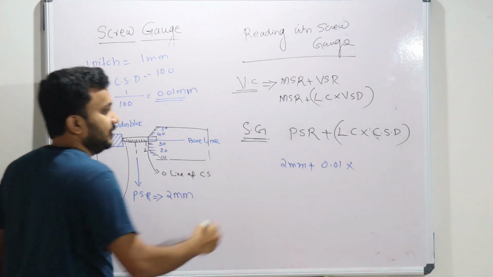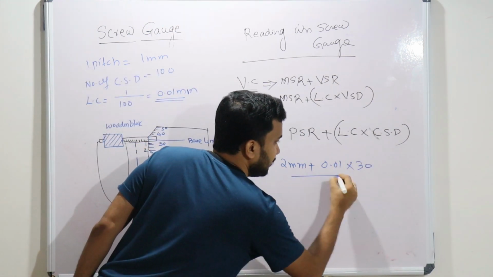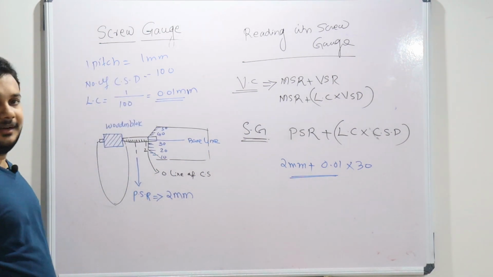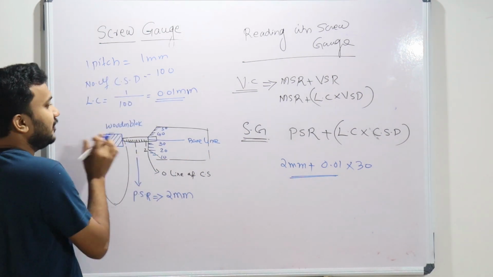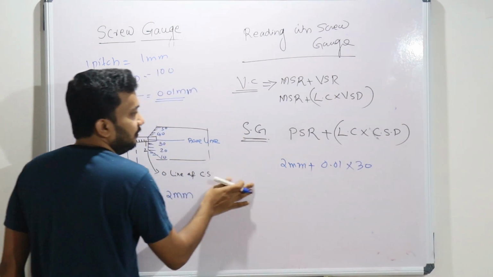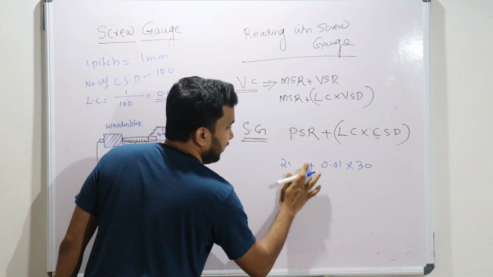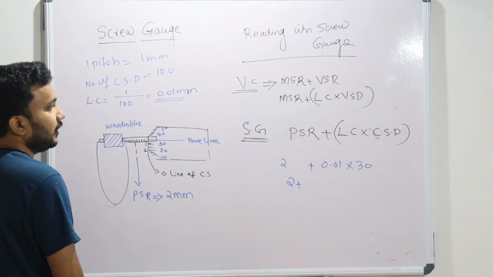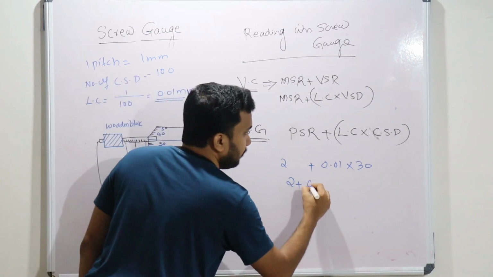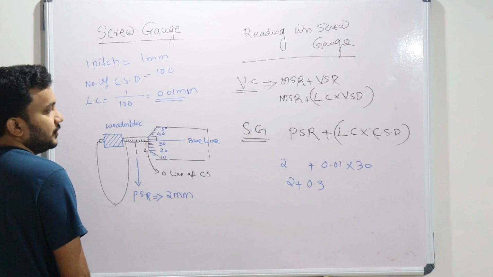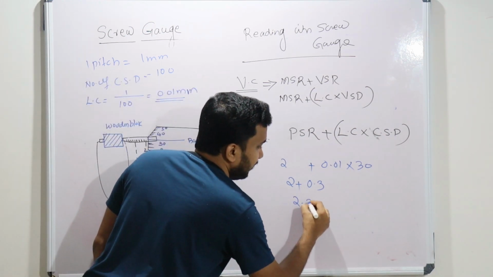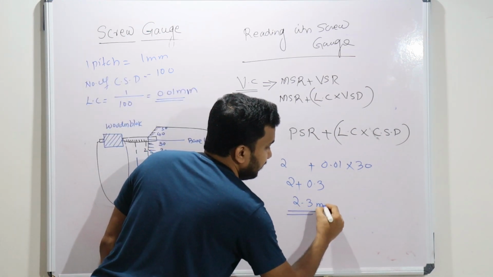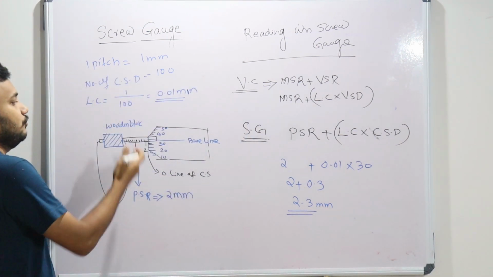So 30 is the number of divisions. If you solve this, you will get the exact thickness of the wooden block. Everything is in millimeter, so I am not writing the unit. So 2 plus 30 times 0.01, which is 0.3. So the answer is 2.3 millimeter, the thickness of this wooden block.